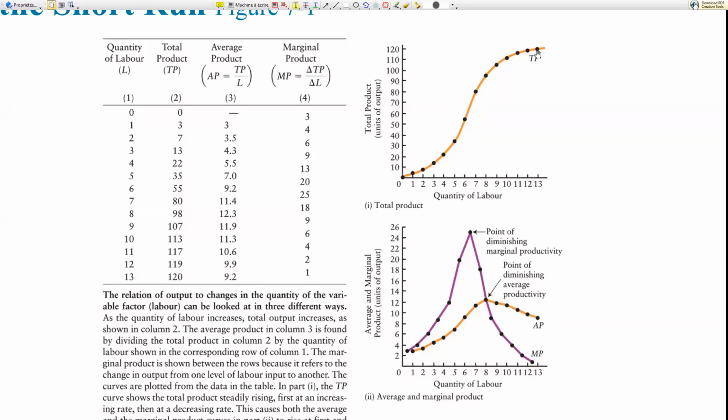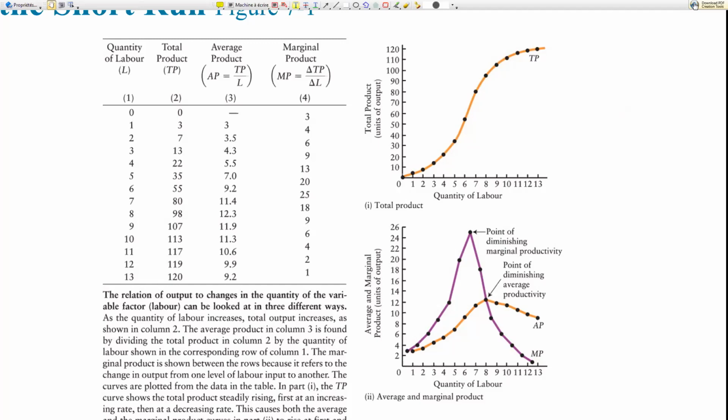So can somebody explain this phenomenon? Again, what you have to think about is what's going on inside a McDonald's. Why would the increase in production be slow initially, then quick, and then slow again if I increase the amount of labor I'm using?